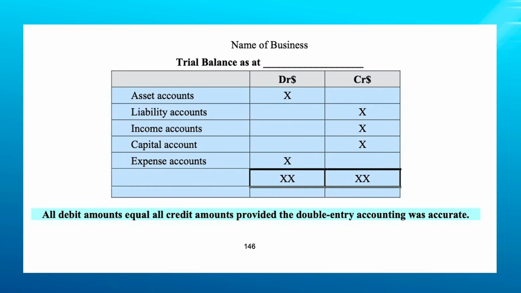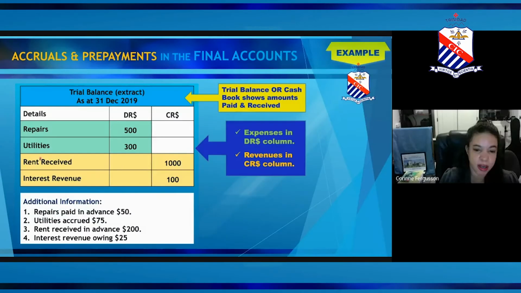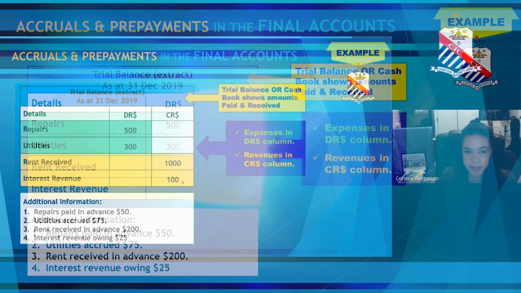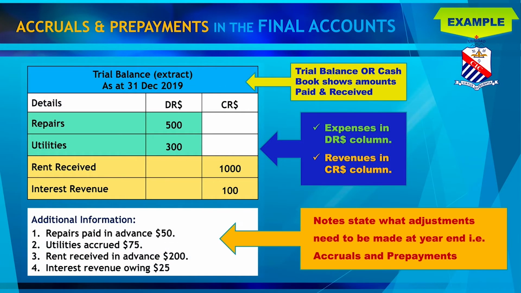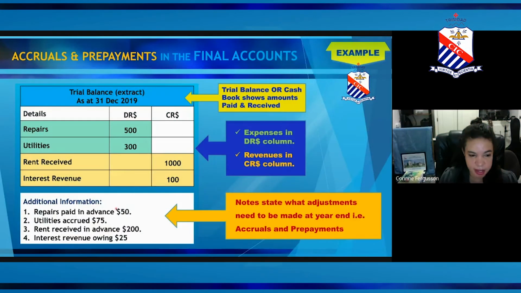Credit column for income or revenue. This shows you the amount received. So what we emphasized last week was that this additional information, besides being the amount paid and the amount received, tells you whether there's an adjusting entry in terms of an accrual or a prepayment.